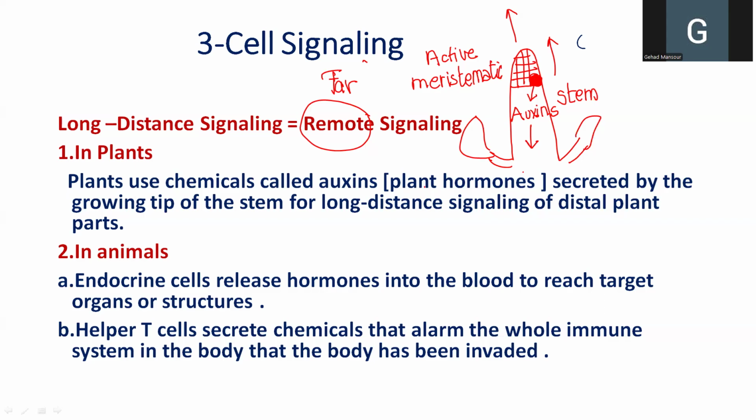They don't only control the growth of different tissues of the plant, but they also control the movement of plants. For example, you can see that the stem bends towards light if the stem receives light from one direction.